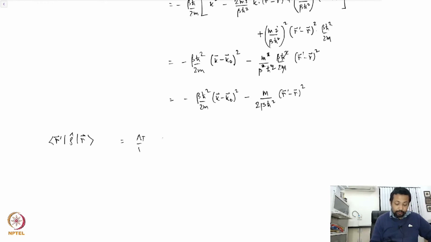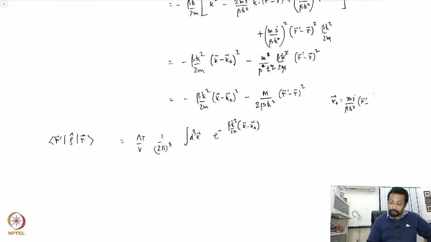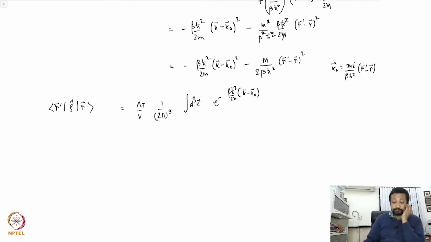lambda t over v, 1 over 2 pi whole cube, integral d cube k, e to the power minus beta h bar square over twice m, (k minus k naught) whole square, and note that k naught is mi over beta h bar square, (r prime minus r), times e to the power minus m over 2 beta h bar whole square, (r prime minus r) whole square.